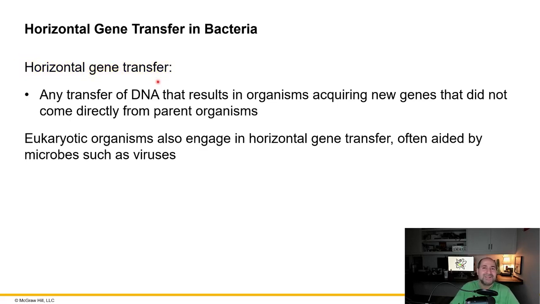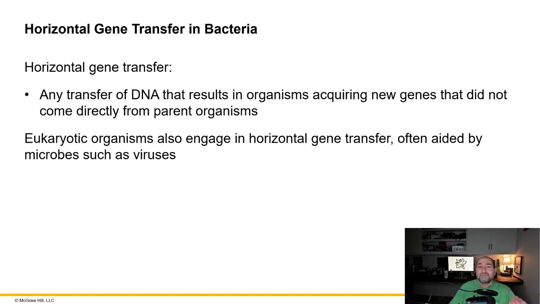Remember when we talked about the sex pilus and how certain bacteria can form a sex pilus and then send some genetic information to the recipient cell through that hollow tube? That's an example of horizontal gene transfer. Any transfer of DNA that results in organisms acquiring new genes that did not come directly from parents. So again, bacteria share genes with horizontal gene transfer, whereas animals share genes through vertical gene transfer.